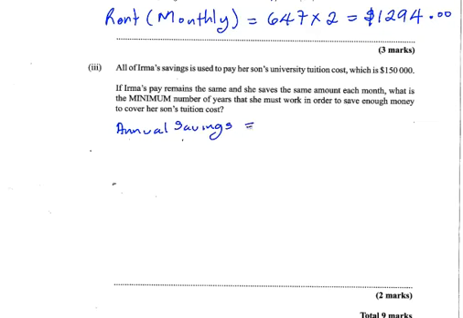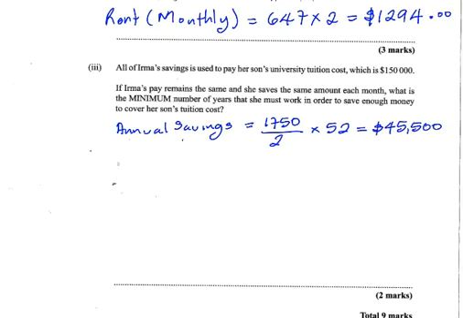This would be equal to 1,750, the amount she saves per fortnight, divided by 2 to determine the amount she saves per week, then multiplied by 52 to determine the amount she saves every year. And this comes to 45,500. So she saves 45,500 every year.